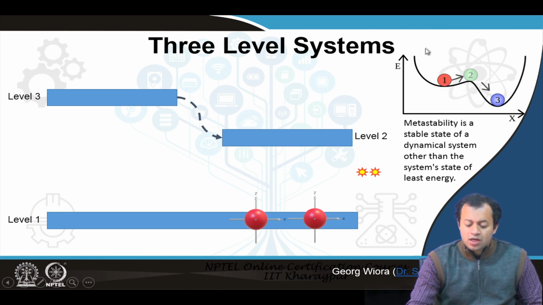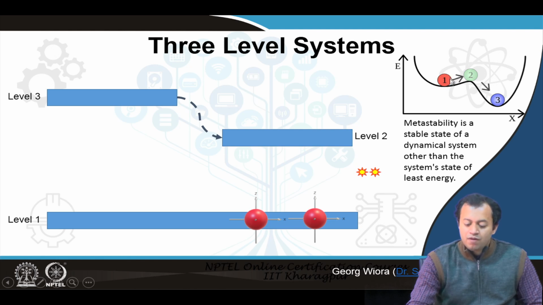Since energy levels are not always straight lines or flat grounds like this, they have valleys and depths. So, though this part 1 is at a higher energy level, it has somewhat of a valley, somewhat of a depth as compared to this part and this part.